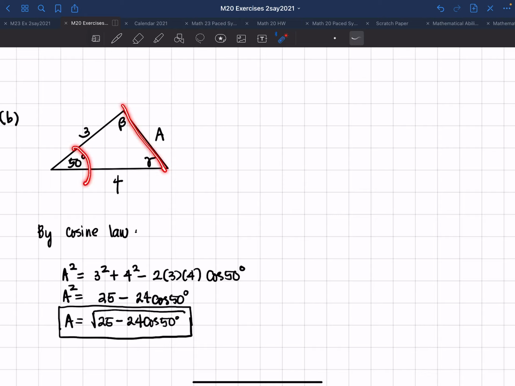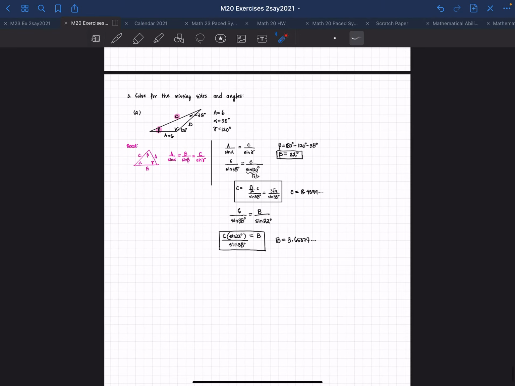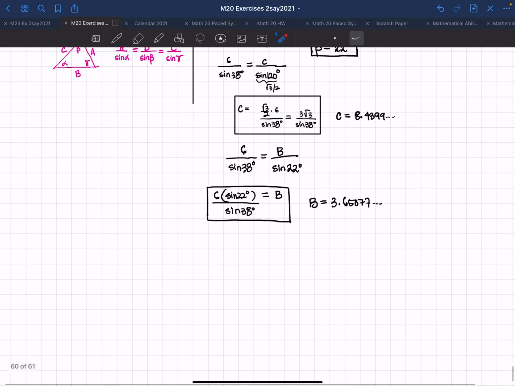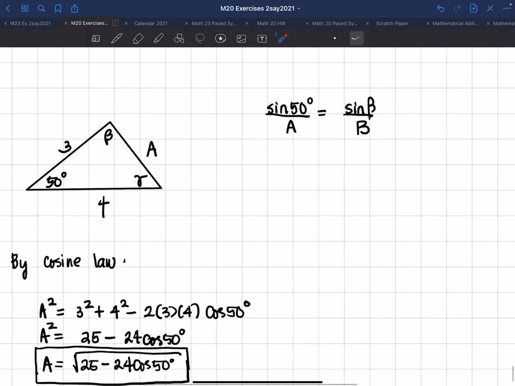Ito, tsaka ito, meron na tayong value ni A. So, sine 50 degrees over A is equal to sine beta over B. Mapapansin nyo sa formula ko kanina, ang mga sides nasa taas, no? So, sa sine law, pwede mong baliktarin yon. Babaliktarin mo nga lang lahat. Kaya dito, yung mga sign yung nasa ibabaw.